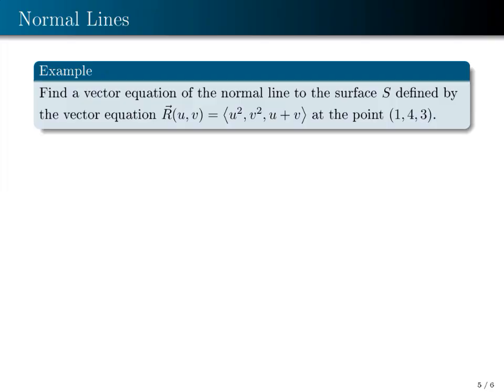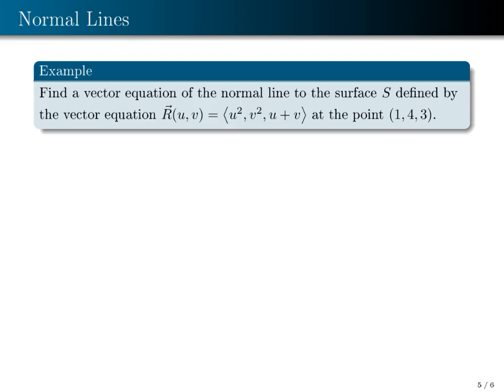For the last example, we are being asked to find a vector equation of the normal line to the surface S with vector equation r(u, v) equals (u squared, v squared, u plus v) at the point (1, 4, 3). Recall from Math 22 that to find a vector equation of a line, we need a point on the line and a direction vector of the line, which is a vector parallel to the line.